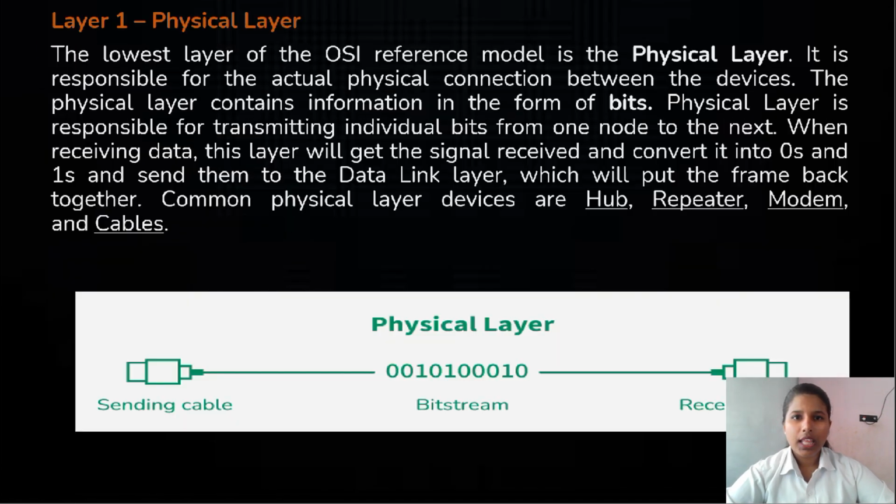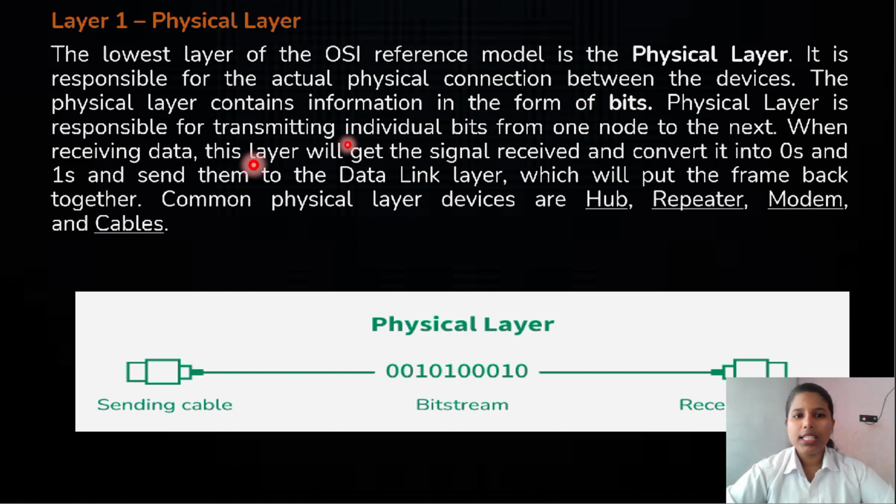Now we can see the last and first layer, that is the lowest layer of the OSI reference model, the physical layer. It is responsible for the actual physical connection between the devices. The physical layer contains information in the form of bits.